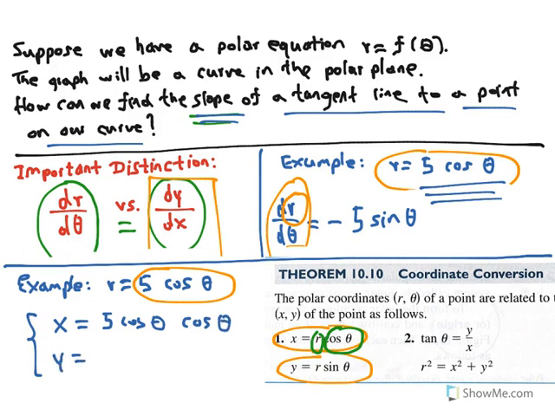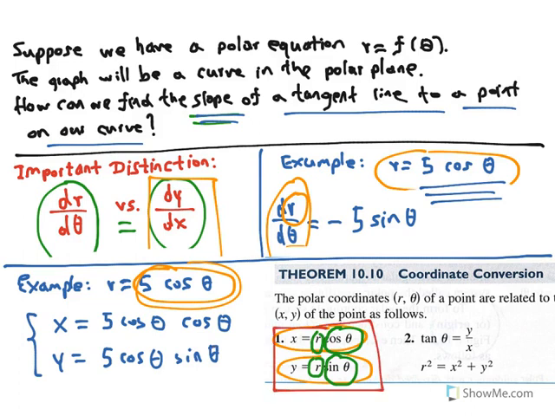And then for y, we will have r times sine theta. So r is 5 times cosine theta, and then we have to multiply that by sine theta, as we have here in our coordinate conversion equations.